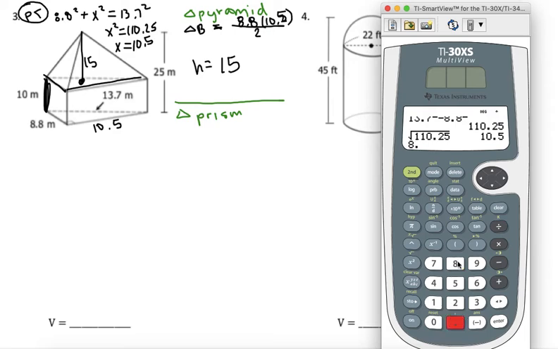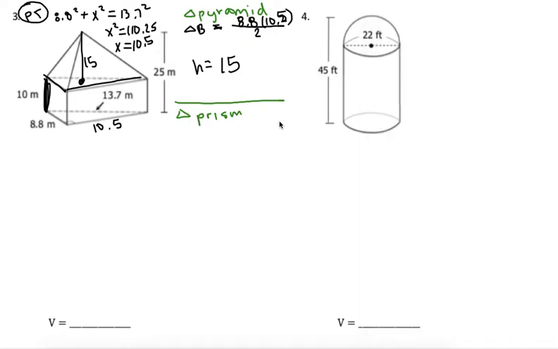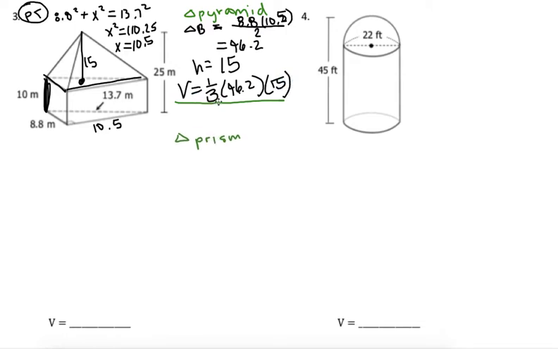So first for the area of my base, I'm going to do 8.8 times 10.5 all over 2 so that I can have a triangle. So now I get 46.2 here. And pyramid volume is going to be 1/3 area of the base times height. So I'm moving that down a little bit more.